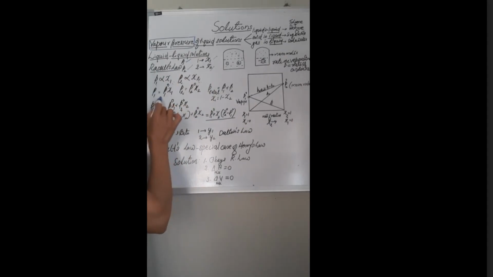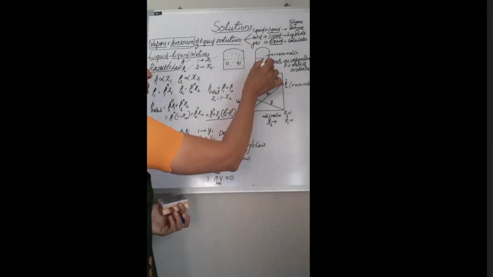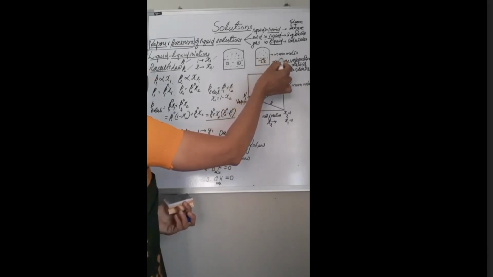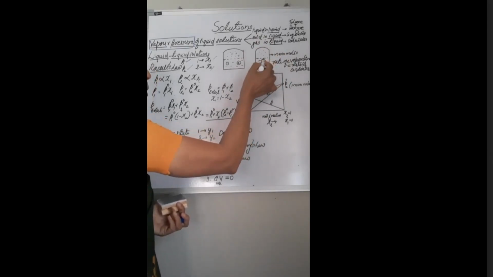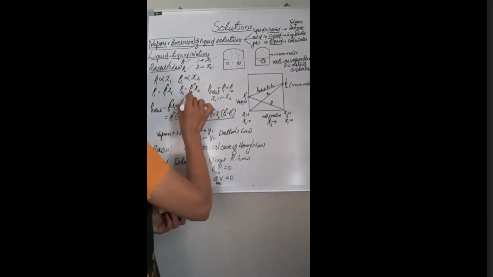This means P1 is equal to a constant times the mole fraction, and that constant is P1 naught, the vapor pressure of the pure component. When component 1 alone is taken, we measure its vapor pressure, and that is P1 naught. In the same way, when component 2 alone is present, the vapor pressure measured is P2 naught.